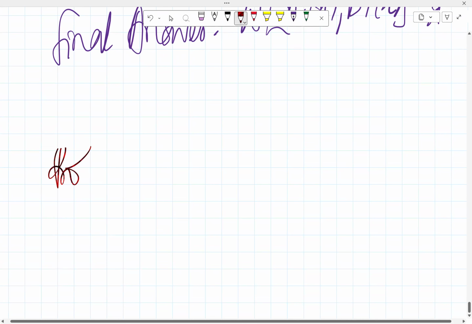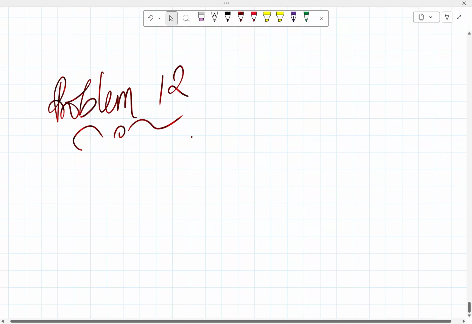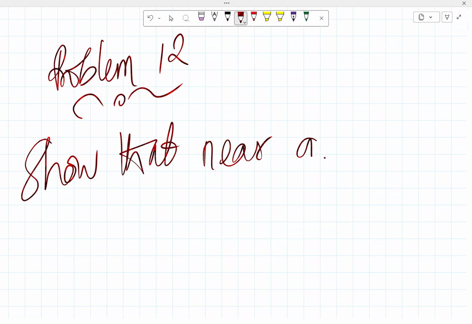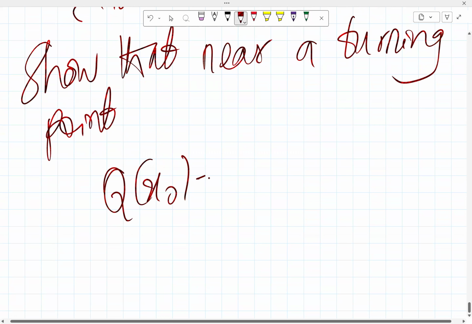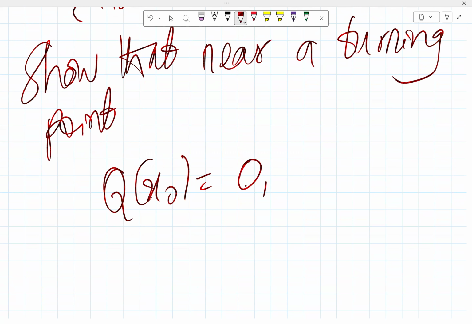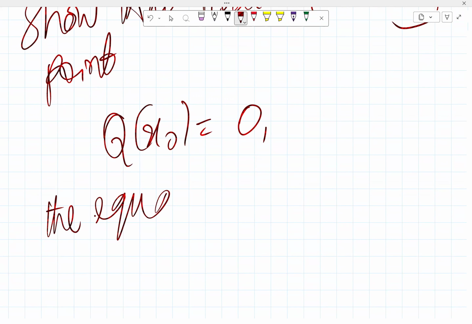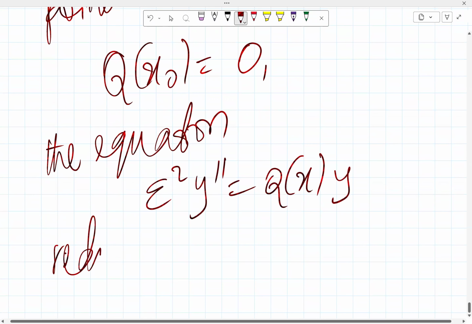We talk about problem 12. For problem 12, we want to show that near a turning point, q(x0) = 0, the equation epsilon squared y'' = q(x)y reduces to an Airy equation.